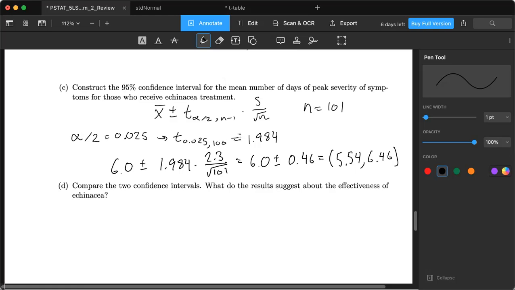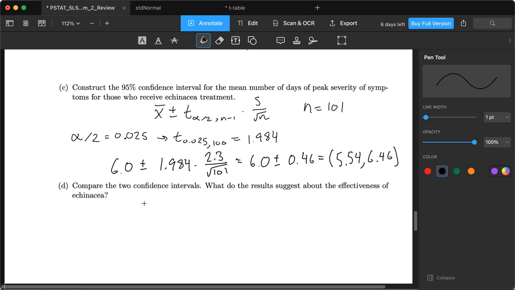And somebody asked, how do you know when to use the T sub alpha over 2 or the Z sub alpha over 2 formula? And that is whether it's a sample standard deviation that you're working with or a population standard deviation.